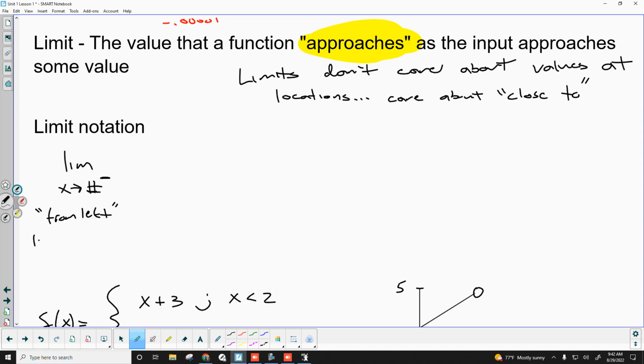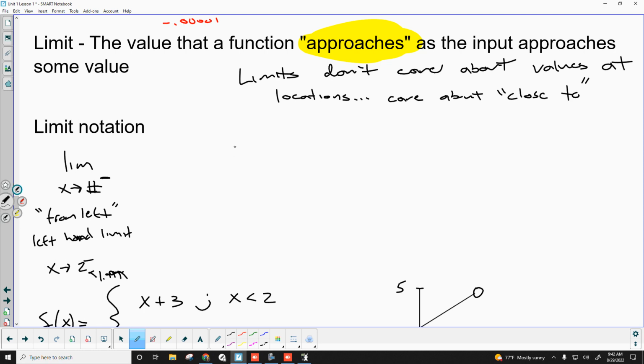This is a left-hand limit, LHL for short. What we're thinking about is using a number just a little bit less than what we have. Like if the question was x approaches 2 from the left, you'd be thinking 1.9999. Okay, try to fit that all in. I should have given you more space.